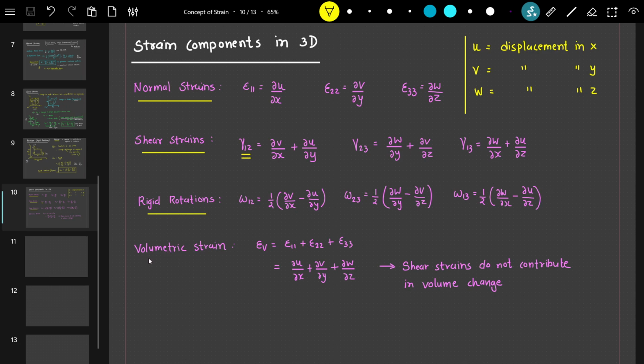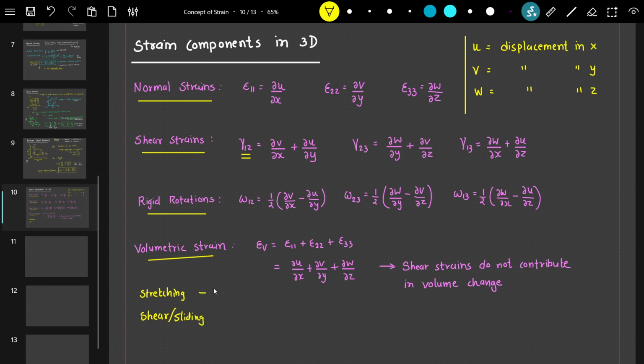Then volumetric strain. Okay, so basically we know there are three types of deformation modes. One is stretching, or compression. Okay, this is related to normal strains, or axial strains. Then shear or sliding kind of deformation mode, which is related to shear strain.